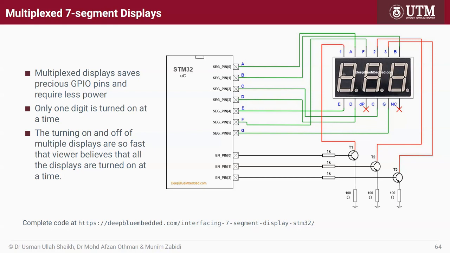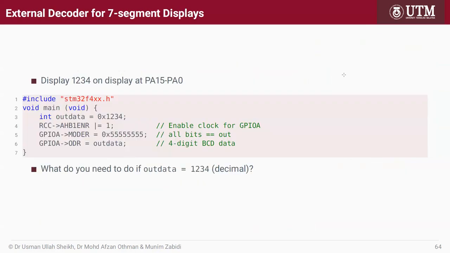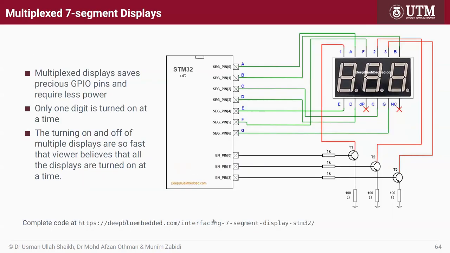If you make the refresh rate too high, the LED doesn't have enough brightness. You can see the code here; click here and you can see how they do it for these three digits.